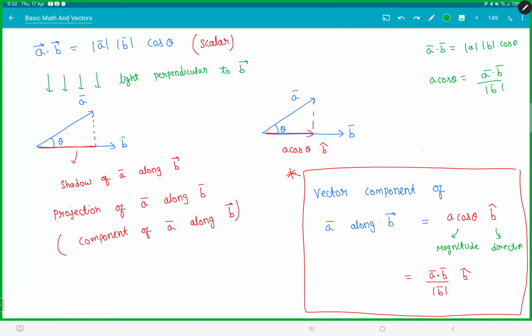The scalar dot product gives you the component of one vector in the direction of another vector. Clear, everyone?